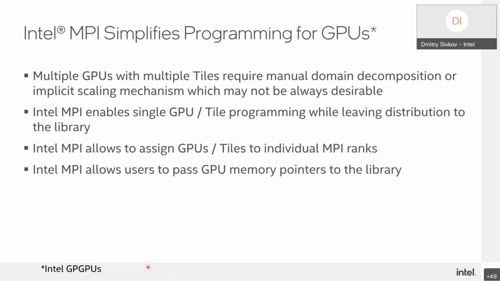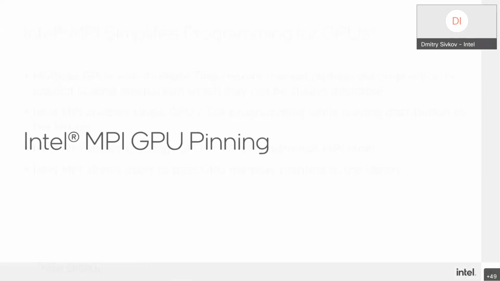Intel MPI also allows users not just to offload computations, but also to use GPU memory pointers in MPI. We will see it in separate slides.